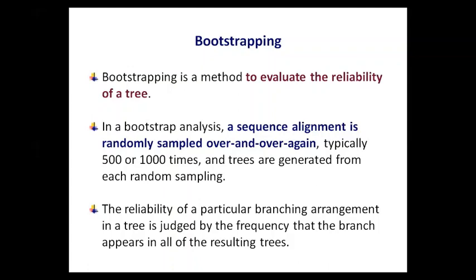Normally we expect that the validity for each branch should be very high. If it approaches 100%, it is always better, but you will never get 100%. When we get values better than 70%, it is considered to be a valid or reliable tree.